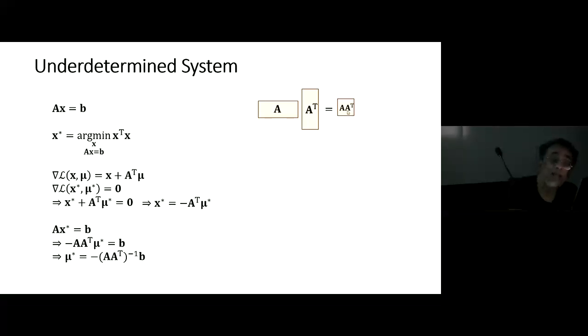It's an m by m square matrix. So I get my mu star, and now I can easily get my x star from this expression. Two negatives cancel out, and I have A transpose (A A transpose) inverse b.